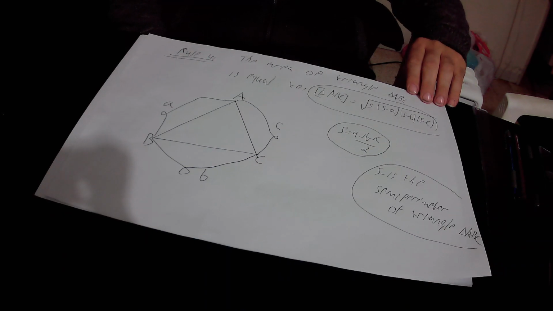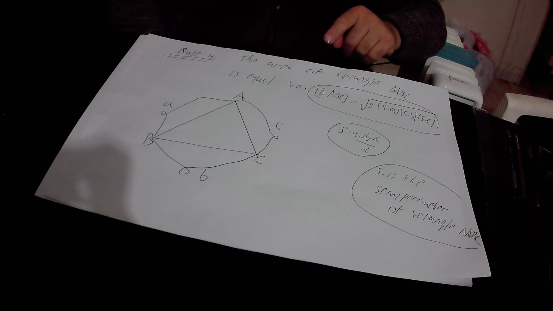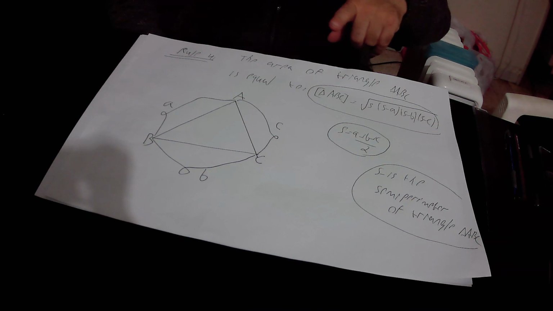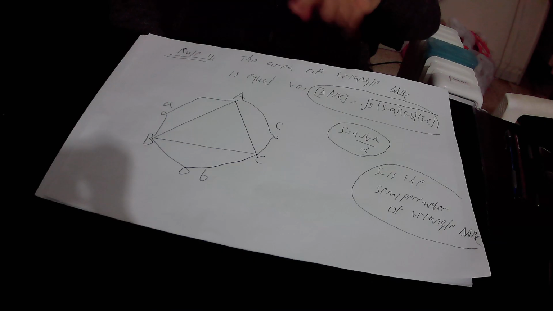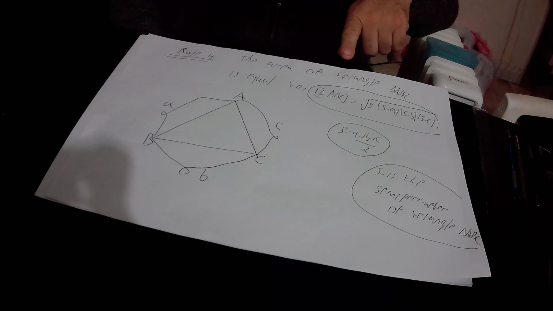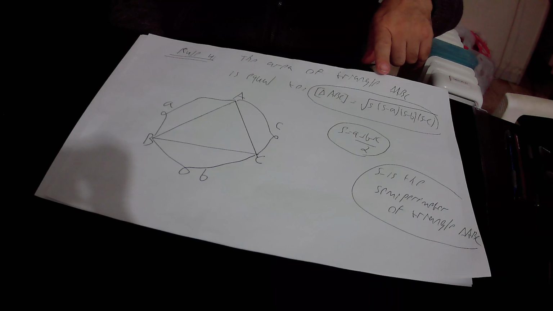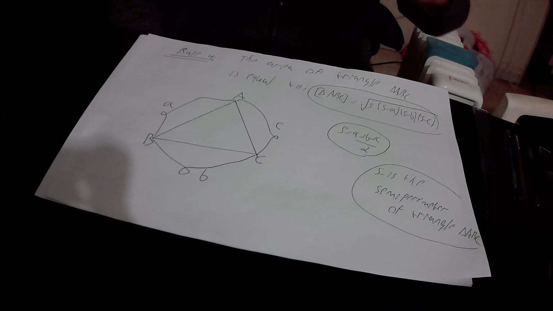According to rule number 4, the area of triangle ABC is equal to the square root of S times S minus A times S minus B times S minus C.